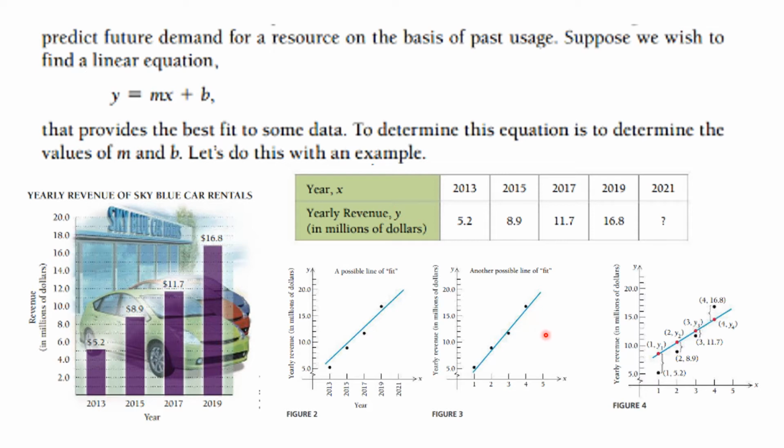But when we start thinking about what it means to be the best line, we could measure the differences between a data point and what is predicted by y equals mx plus b. That would be the blue line, what is predicted by y equals mx plus b, and these are the actual data points. We could examine how wrong they are in terms of the difference between the y1 up here and this 5.2, the y2 here and this 8.9, and so on and so forth.